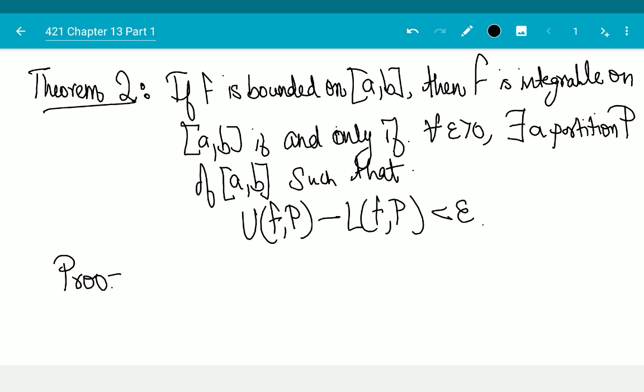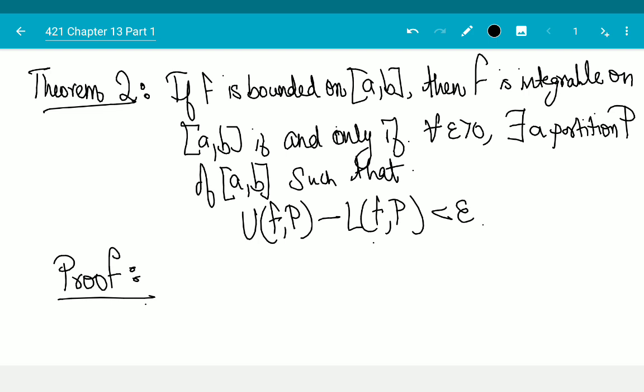Proof? Well, this makes sense, right? The supremum of the L's should be equal to the infimum of the U's, so you should be able to find something which is really close to the supremum in the lower sums, and something which is really close to the infimum in the upper sums, right?